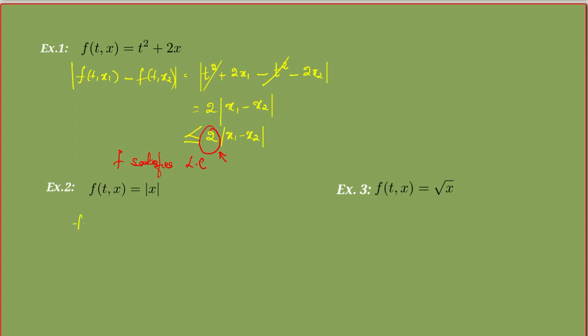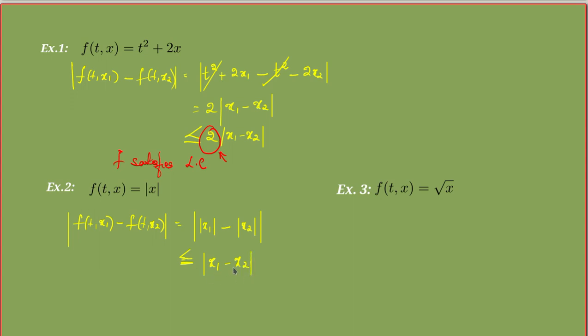So f(t, x1) minus f(t, x2) is equal to norm of x1 minus norm of x2. This function here, f, this is less than |x1 minus x2|, right?